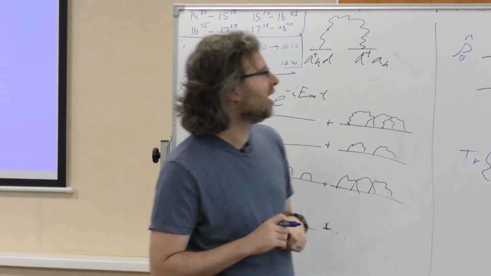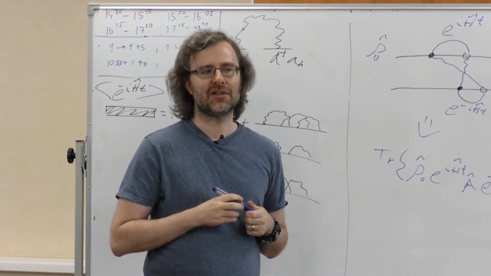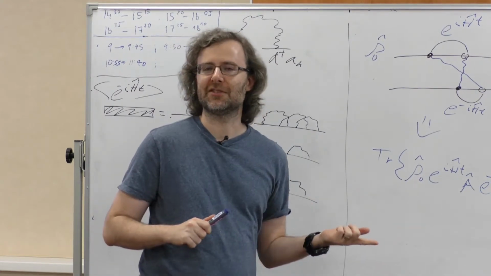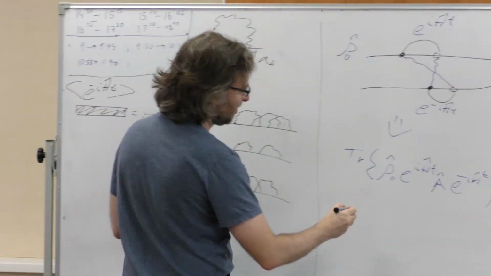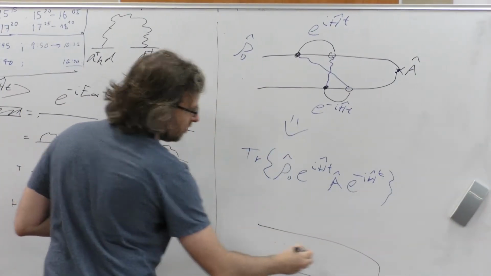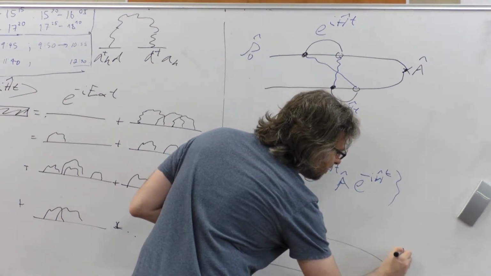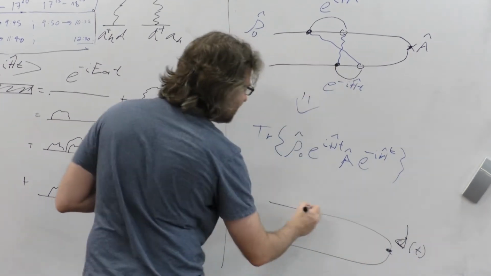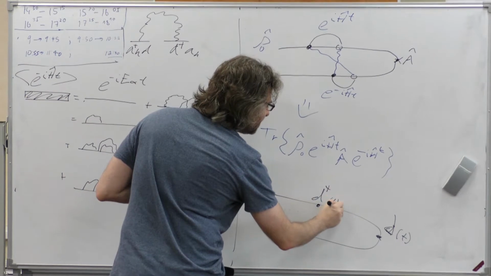Now you can think about what happens when you actually want to calculate Green's functions. Green's functions are not just an operator at the tip of the contour. They're two operators at two different points. So for a Green's function diagram, you will have a d here at time t, and then you have a d dagger at time t prime.